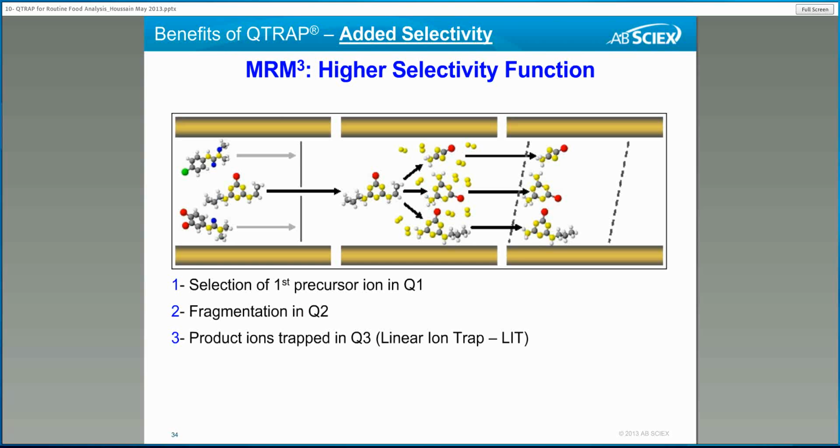When performing an MRM³ experiment in a QTRAP system, the first precursor ion, or the parent ion, is selected using the first quadrupole, Q1, introduced into the collision cell and fragmented, and all product ions are trapped in the linear ion trap.